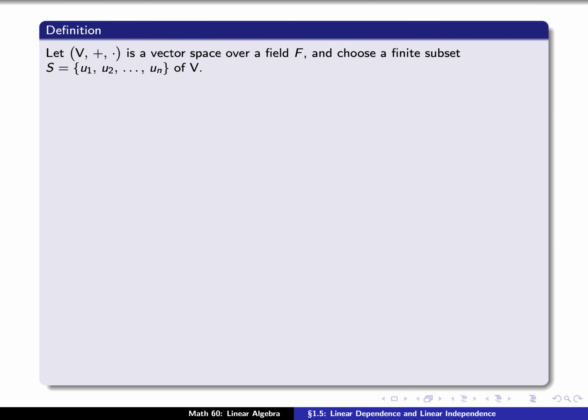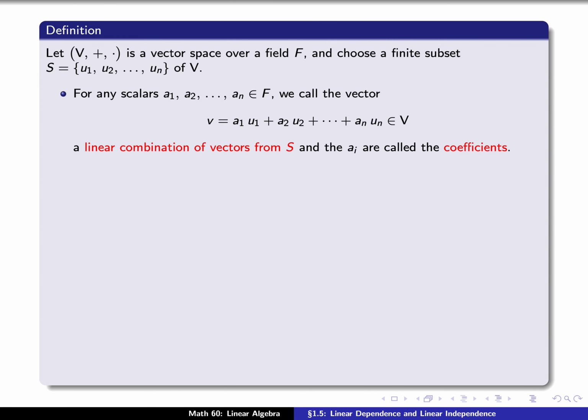Let V be a vector space and choose a finite subset S. We call vector V a linear combination of vectors from S if we can find scalars a1, a2 through a sub n such that V equals a sub 1 times the vector u1 plus a sub 2 times the vector u2 plus a sub n times the vector u sub n.